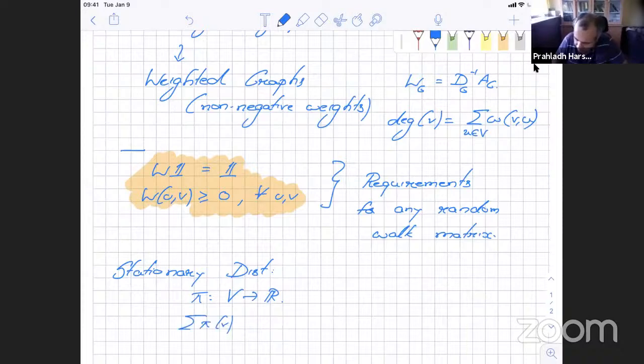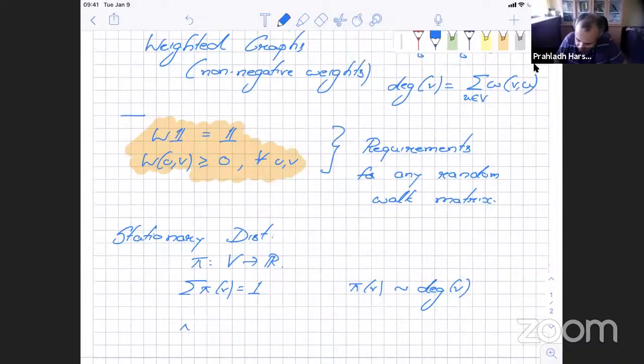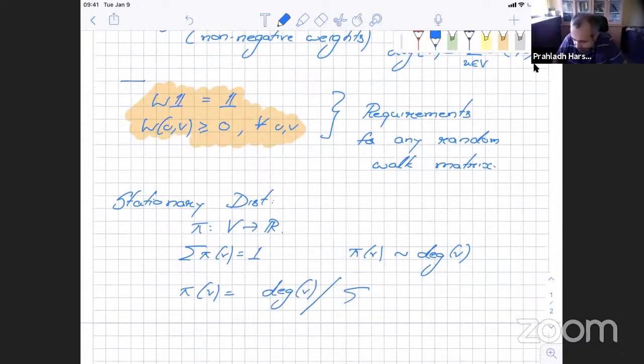It was given by pi v proportional to the degree of a vertex. More precisely, pi v is equal to the degree of v divided by the summation of the degree of u over all u.